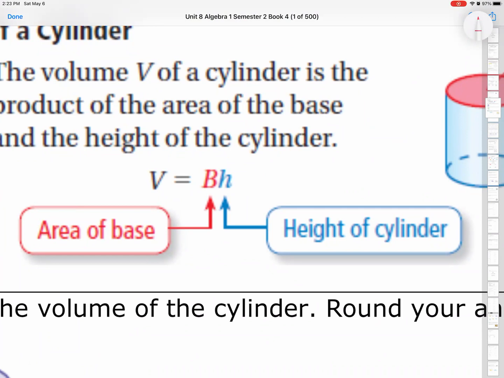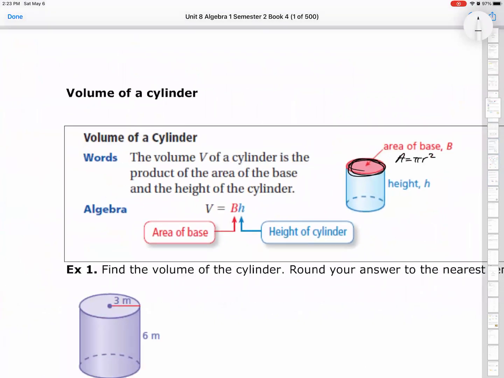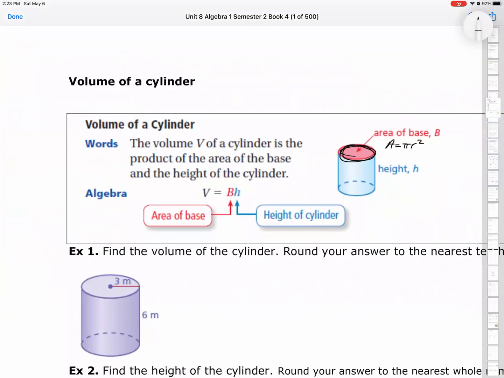So for us right now, because we're talking about a cylinder or in the future a cone or whatever, it's going to be pi r squared because our base is a circle. That's not always going to be the case. Again, it depends on your shape. So our area for this base is pi r squared. And then again, to find the volume, it's times then that height. The volume of a cylinder is base times height or pi r squared times height.